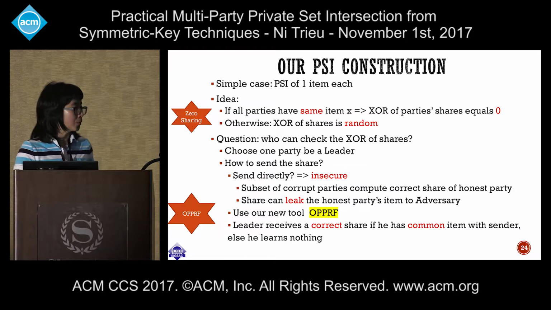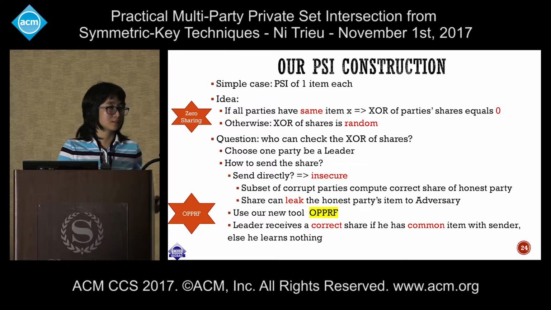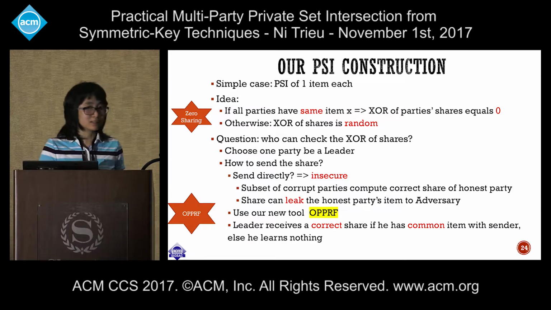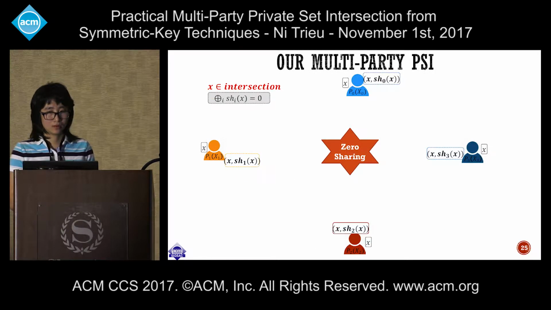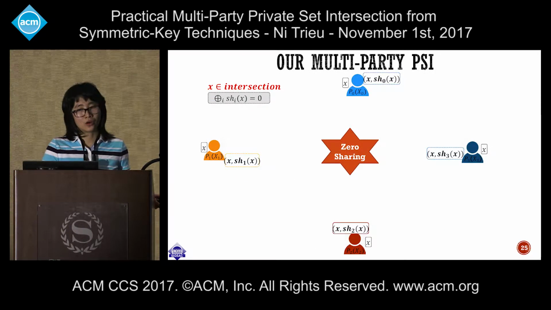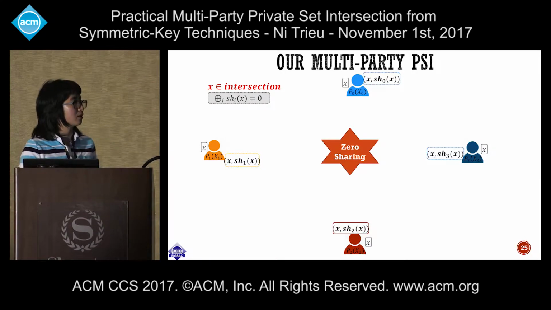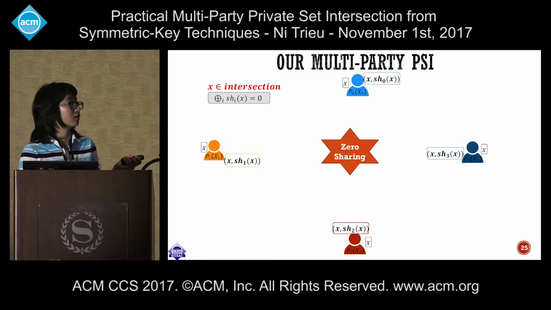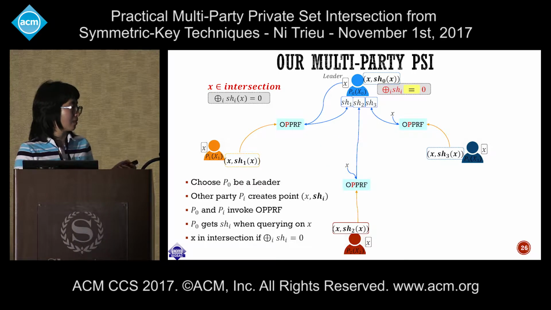So we use our new tool, OPPRF. A leader receives a correct share if he has the common item with the sender. Otherwise, he learns nothing. In this scenario, first we have the zero sharings, so if X is the intersection item, each party will receive a share, and the XOR of the shares is equal to 0.